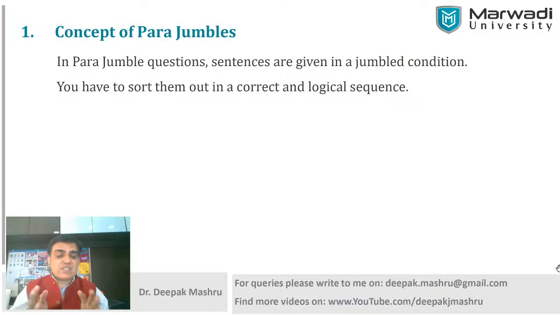In paragraph completion questions, one sentence was missing and we needed to look at which sentence can be there from the options. Here in parajumbles, we are given all the sentences of the paragraph in a jumbled form, right? In a twisted form. We need to find out what can be the logical, the correct sequence of that paragraph, so that we can reach the answer.